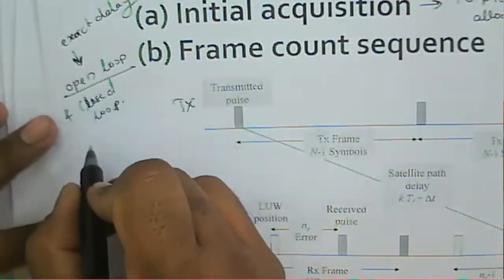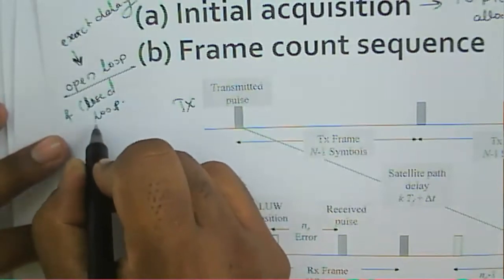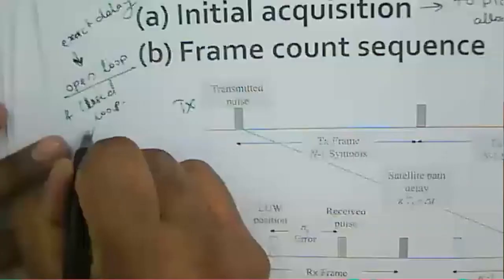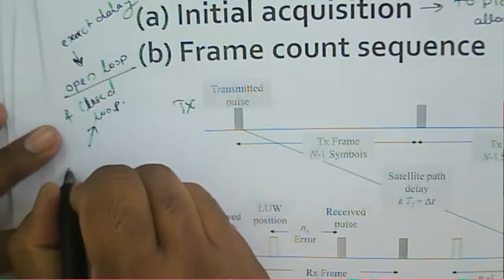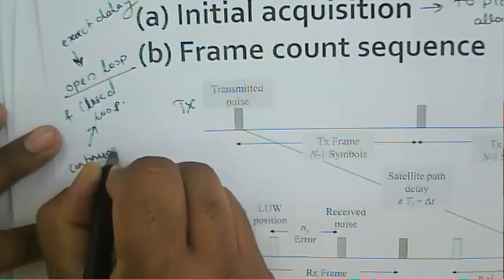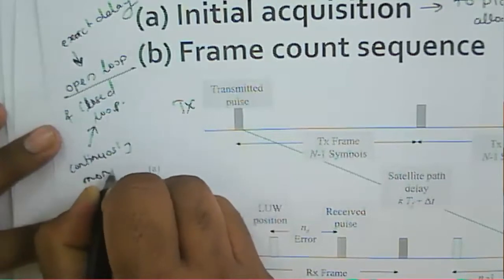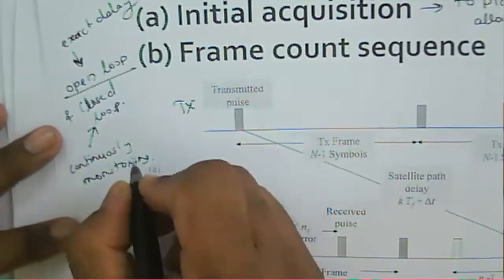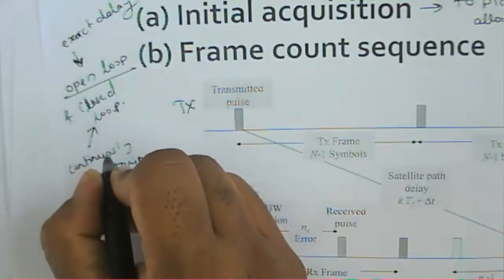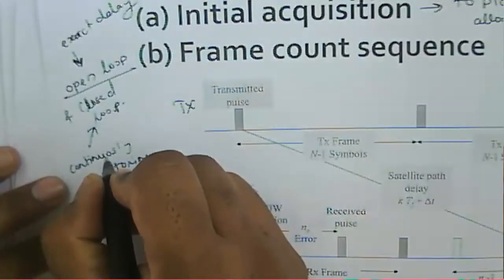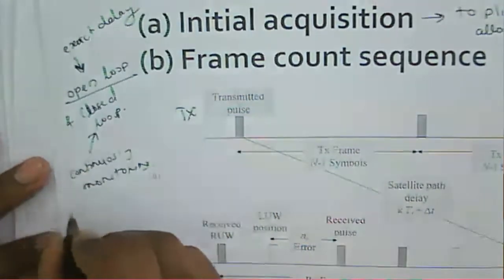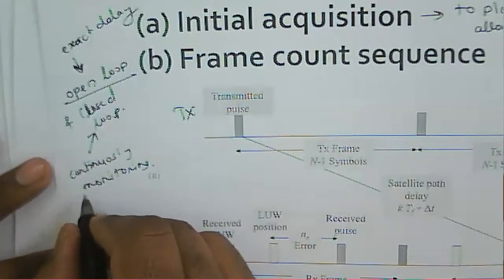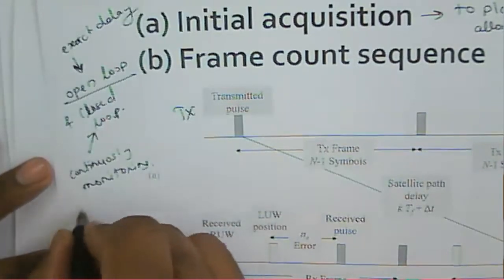In the case of the closed loop acquisition method, it will be continuously monitoring and measuring the error position of the local bus in the receive frame.